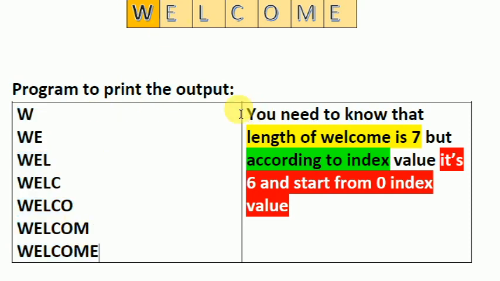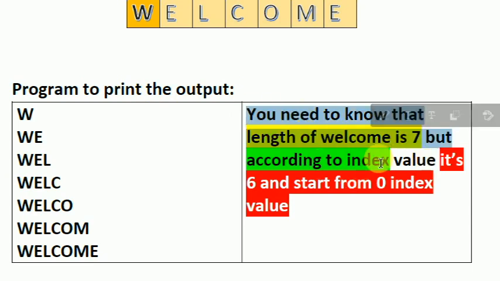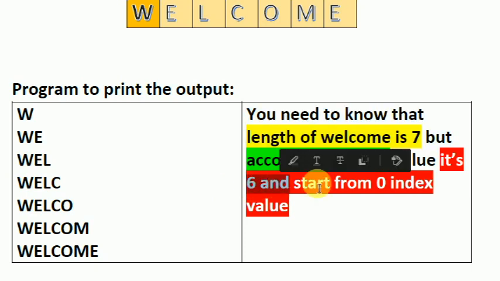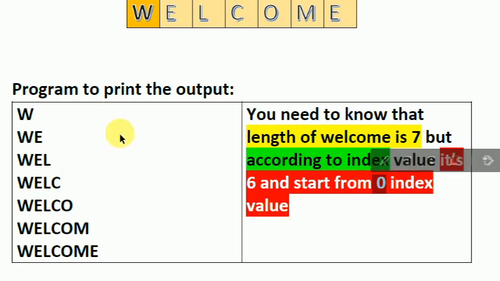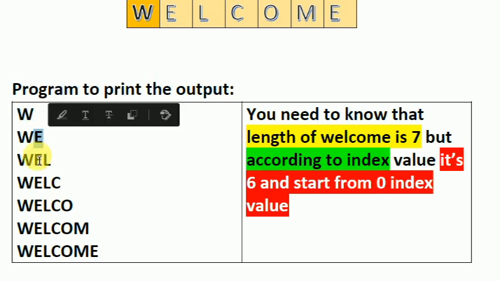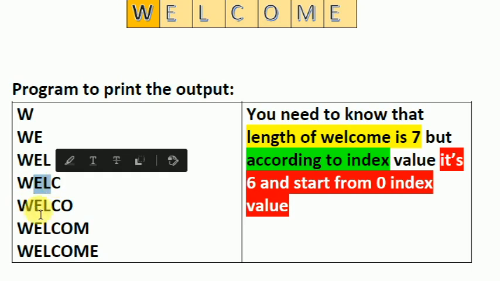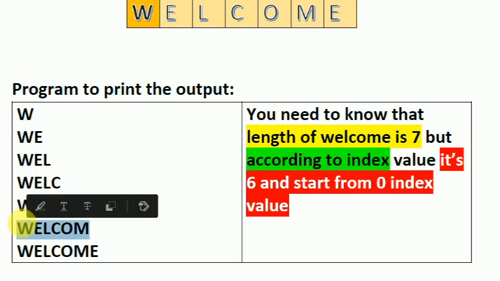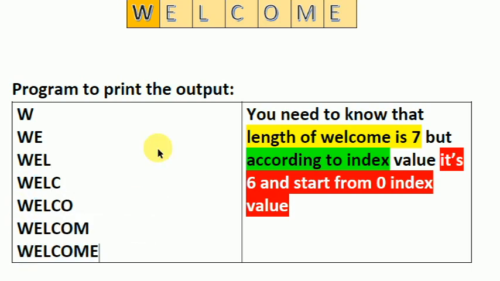If you go through the hint, you need to know that the length of welcome is 7, the last index value is 6, and the starting index value is 0. If you count the number of characters, 1, 2, 3, 4, 5, 6, 7, and if you count the rows in the program, you will find 1, 2, 3, 4, 5, 6 and 7. That means there are 7 rows.